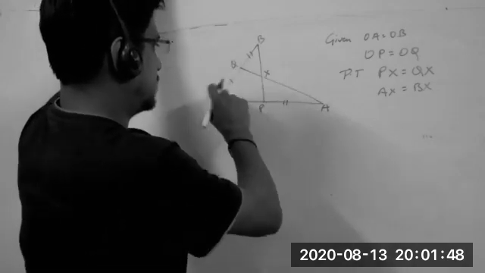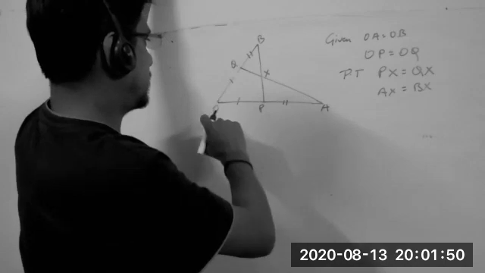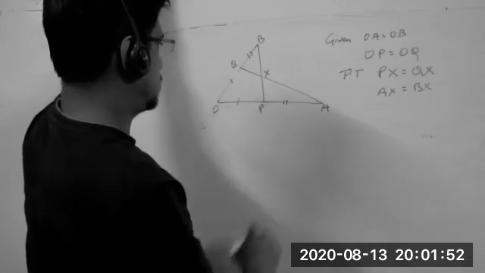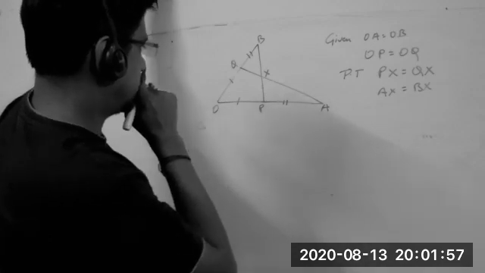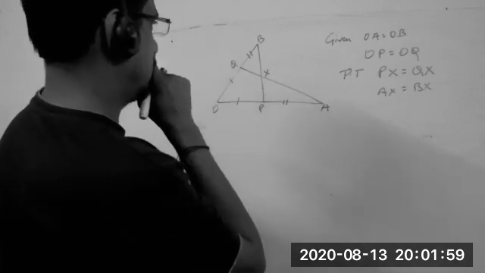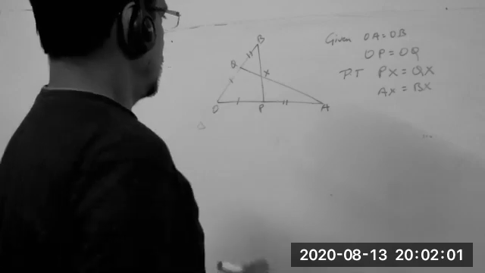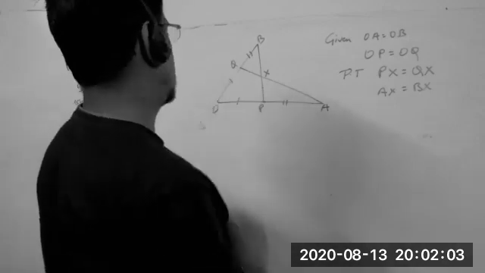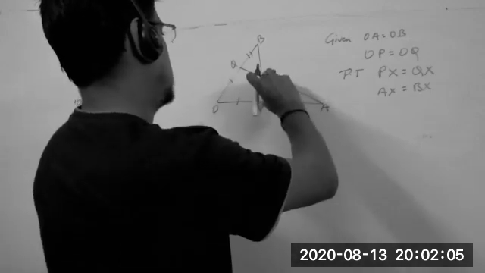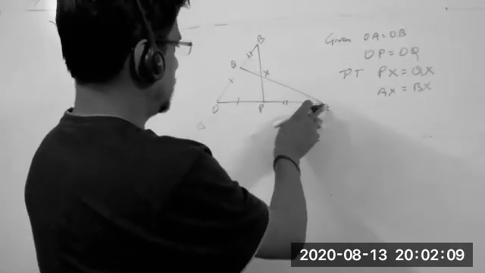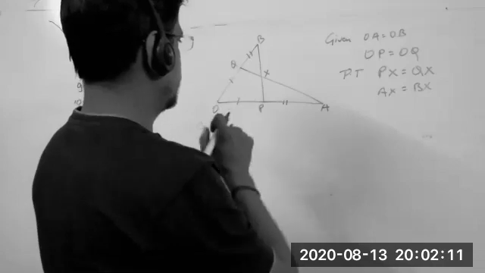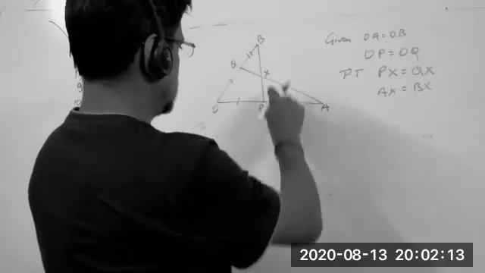If we take this triangle, angle this is equal to this. This is common. So therefore, PX and QX we have to prove. So this and this segment, this one, AX. This is equal to this.